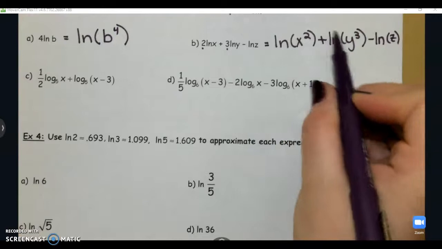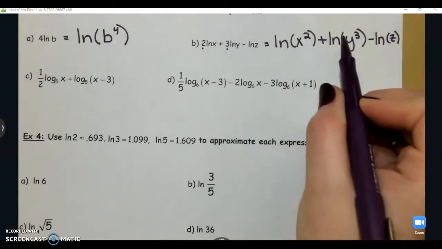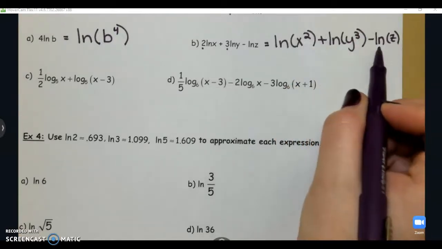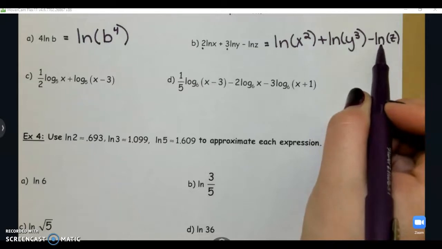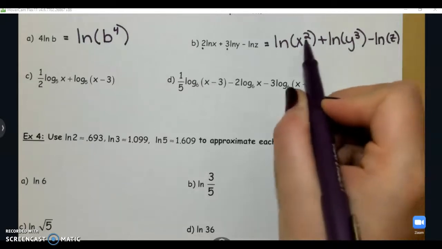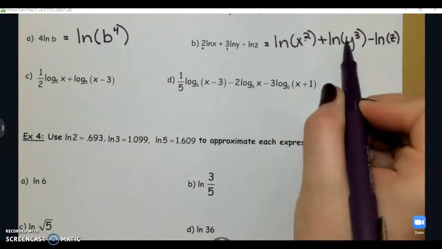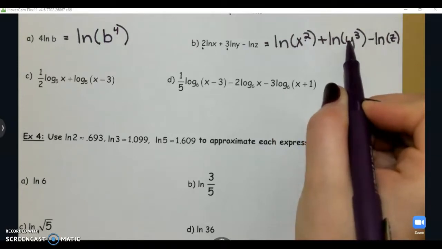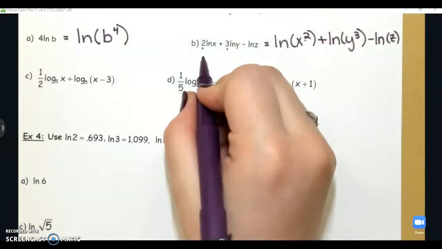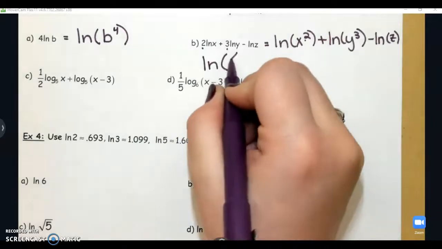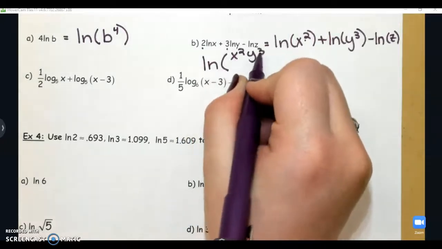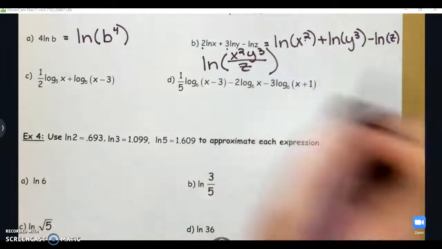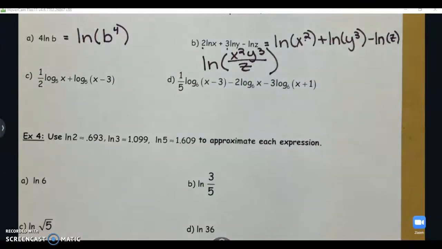These two things that are being added, that's going to be my multiplication property, and the term that's being subtracted, that's going to be our division. So these two terms, x squared and y cubed, are going to be multiplied together in the numerator, and z is going to be in our denominator. So natural log of x squared times y cubed divided by z. And there is our condensed log.